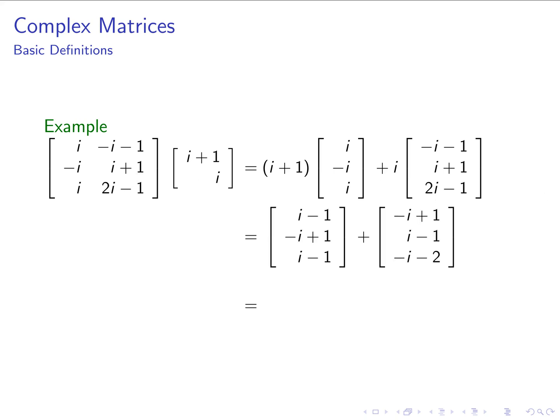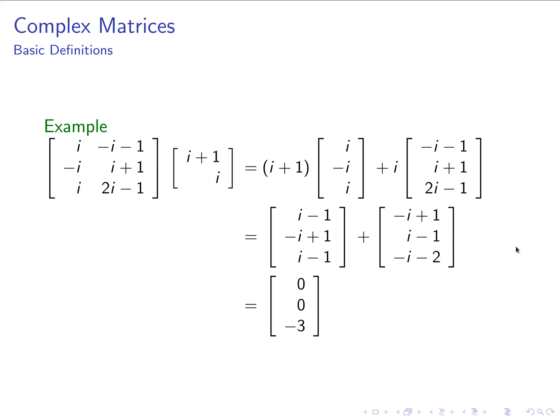When we do the arithmetic here, we're taking i plus 1 and multiplying by each of i, negative i, and i. That gives our new vector, i minus 1, negative i plus 1, i minus 1. And then when we multiply this second column, negative i minus 1, i plus 1, 2i minus 1, by the number i, we get negative i plus 1, i minus 1, and negative i minus 2.